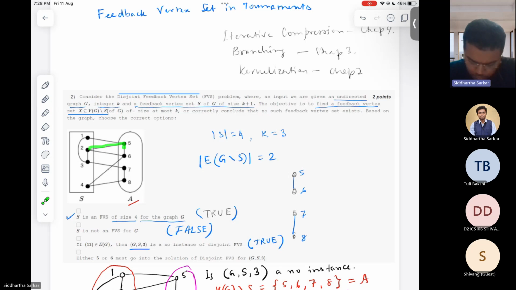So how about this cycle? You're not deleting 5 and 6. Even if you delete both 7 and 8 and all the edges incident to 7 and 8, then how about this cycle? This cycle is going to stay there. The cycle is not destroyed. Is that right?